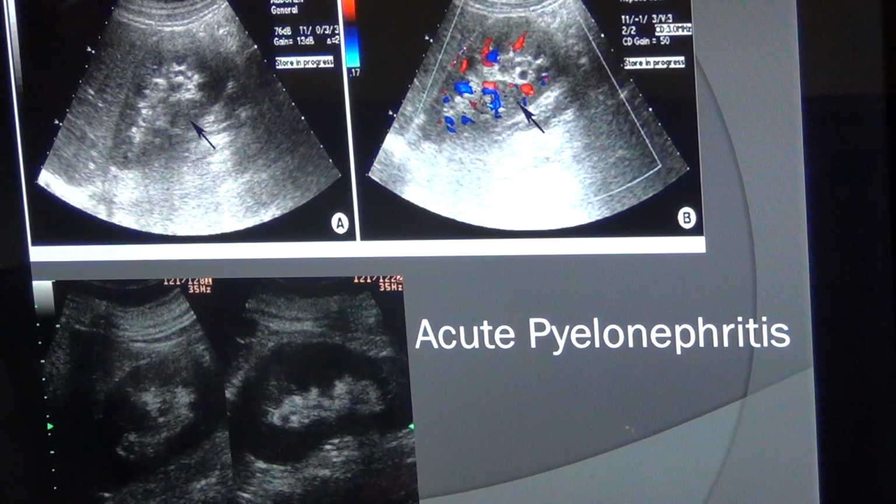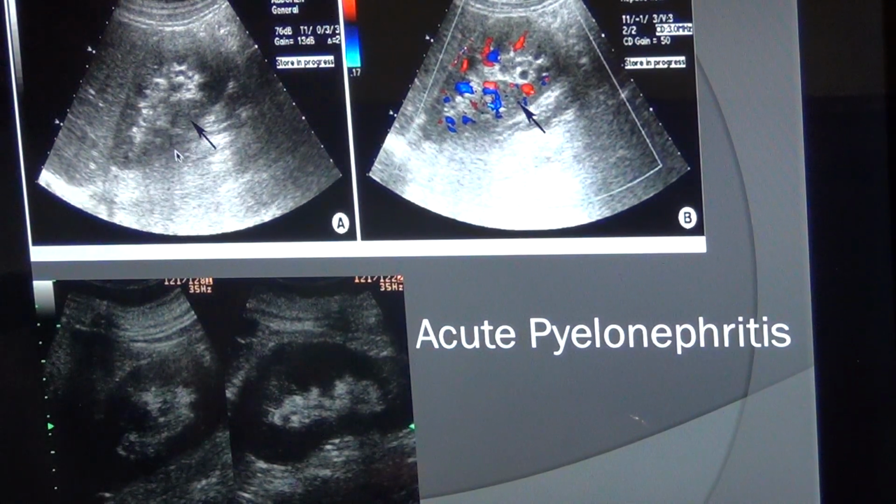All three are the collecting system. They are hyperechoic and they have patchy opacities in the collecting systems, and you will see the echogenicity of the kidney is changed. The sinus will be brighter.